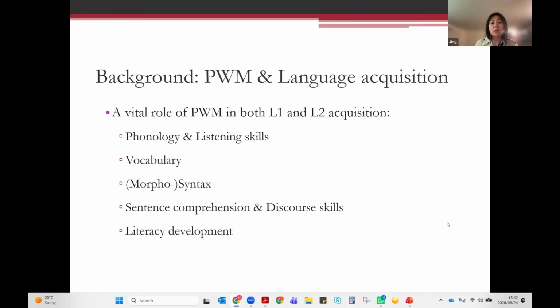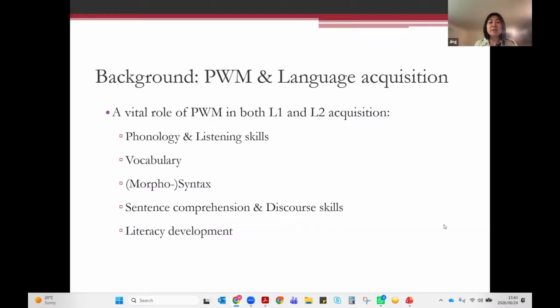Also at a higher level of language, that is the discourse, maintaining a discourse, staying on topic, and maybe also the use of gesture and understanding prosody. You can find a lot of findings supporting the positive role of phonological working memory.